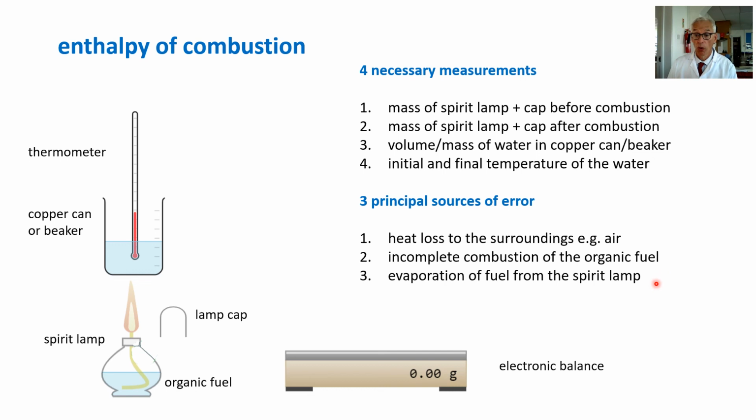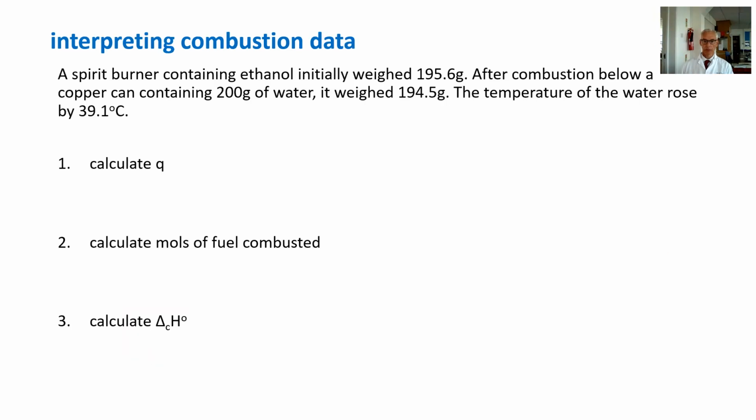So assuming that the experiment is carried out properly, if you move to the next slide, let's have a go at interpreting the sort of data that you get from the experiment described on the previous slide. So a spirit burner containing ethanol, an organic fuel. We have its initial mass, weighed 195.6 grams.